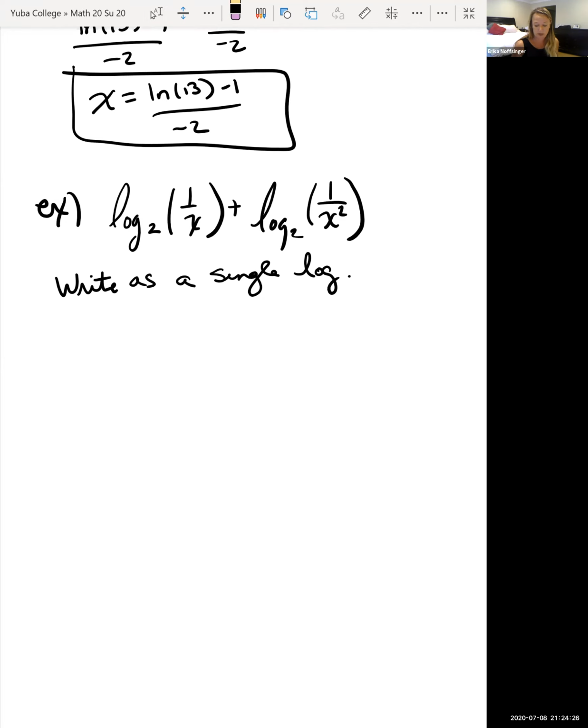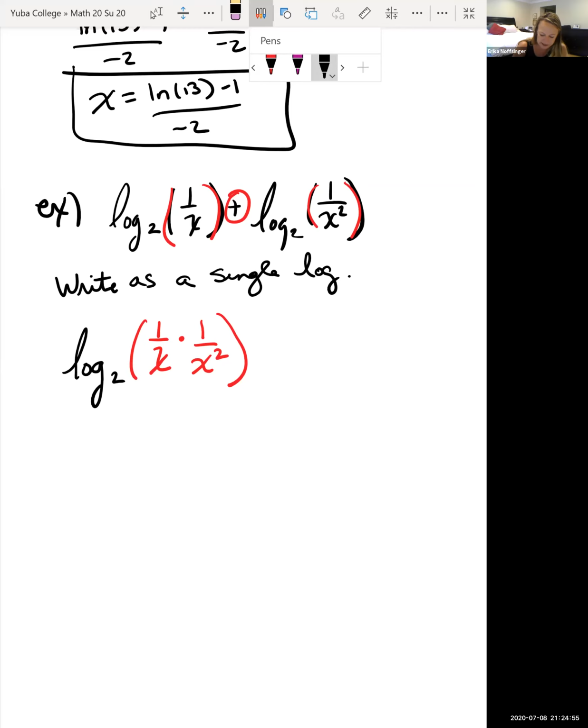So in between my two logs is addition. Addition between logs tells me multiplication. And so this would be log base 2 of 1 over x times 1 over x squared. Let me simplify that a little bit. This is the same thing as log base 2 of 1 over x times x squared, which is x cubed.